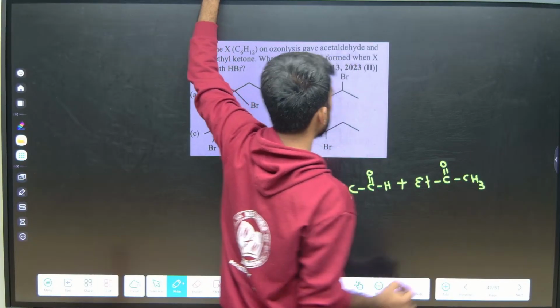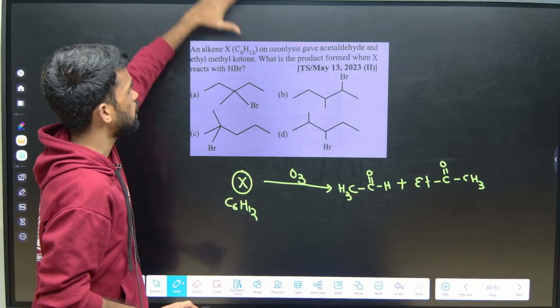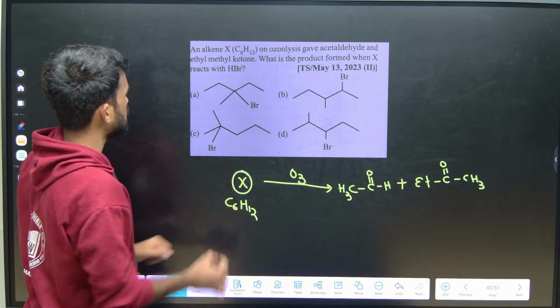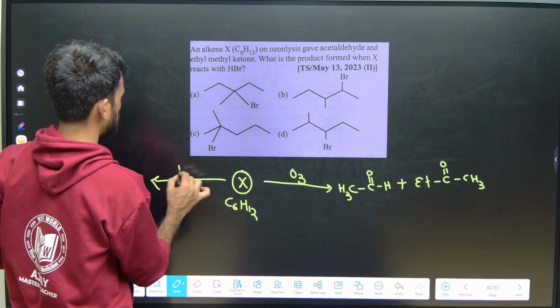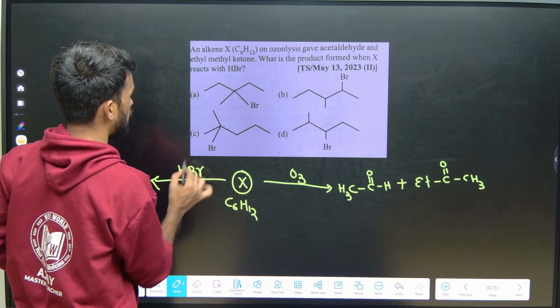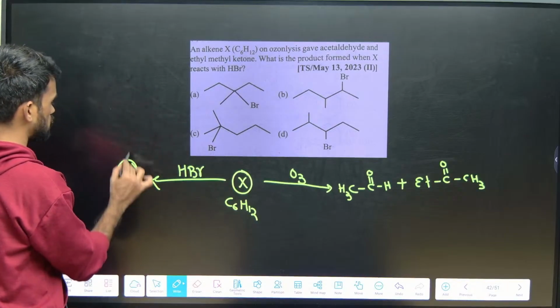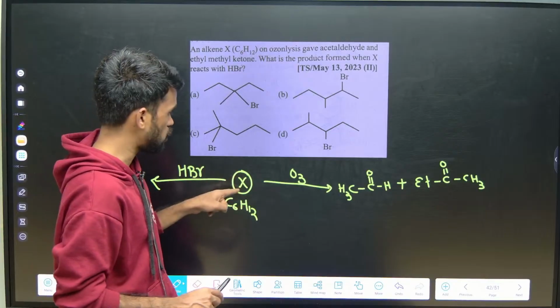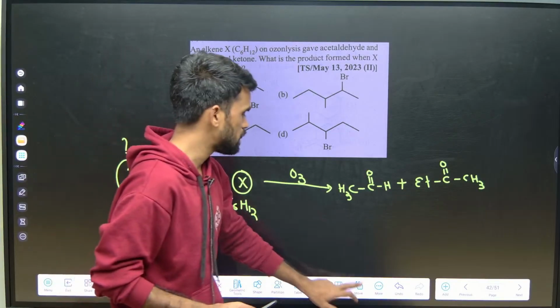Now what is the product formed when this X reacts with HBr? First of all, in order to answer this question, you need to know what this X compound is in the given reaction. So it is easy now.